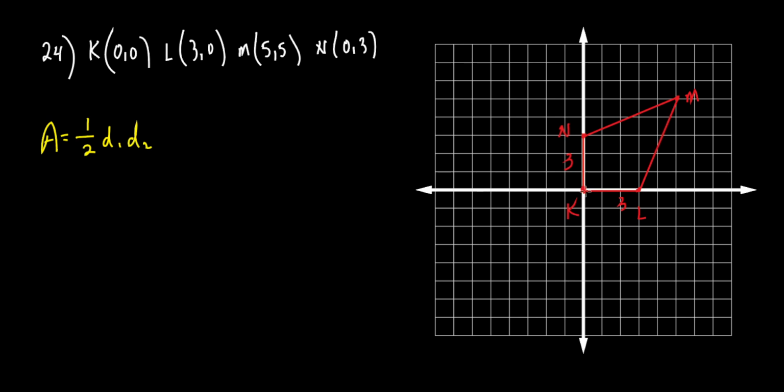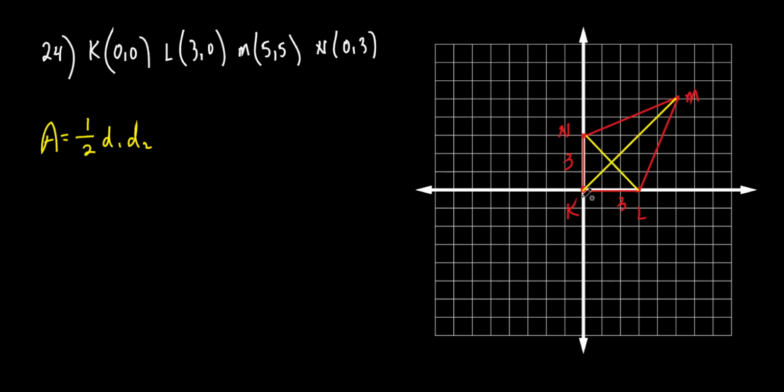We need to find the diagonals, correct? Let me see if that's the way they do it. Yes, it is. All right, so you have to find that length. If I can find that length, and I can find that length right there, the two yellow ones, then I multiply them together, take half of it, and that's my area. Everybody with me? All right, so now we do have to do a little work with this.